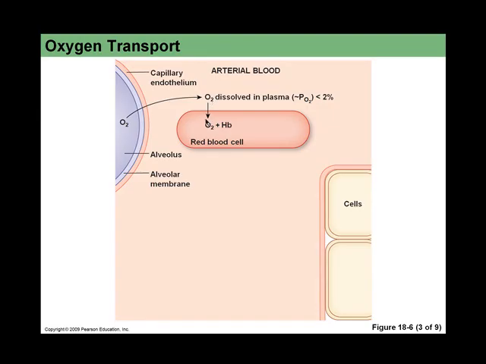So that is really critical. If all the hemoglobin in a red blood cell becomes saturated with oxygen binding to it, or something else, like toxins or carbon monoxide, then the oxygen stops coming in.